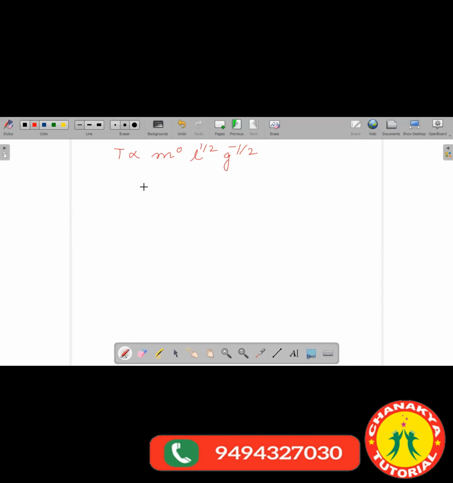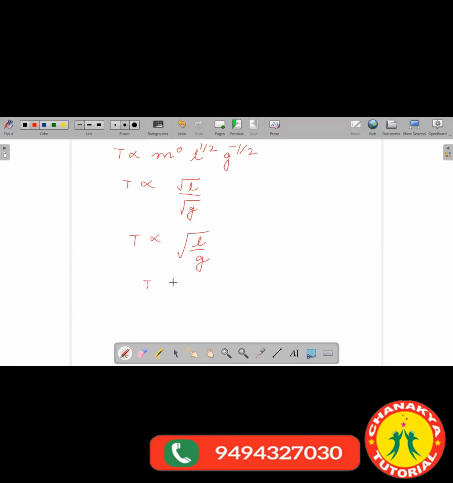Okay, so we got the value T proportional to, this is 0, so it vanishes. And you have under root L, G to the power minus 1 by 2, it prevents under root of G in the denominator. And you can write this as T proportional to under root of L by G. You can remove the proportionality, obtain the value of the constant.